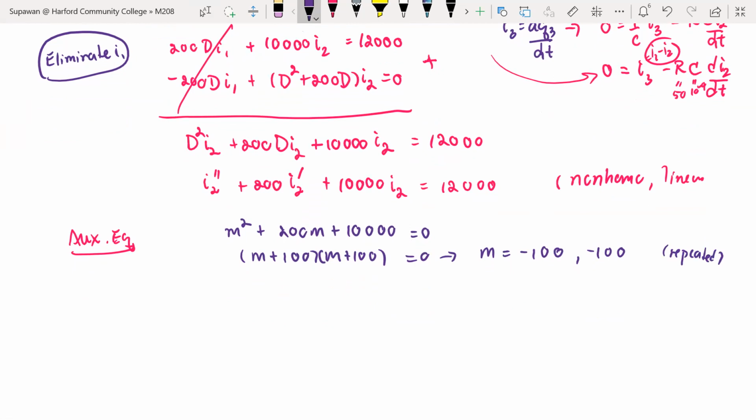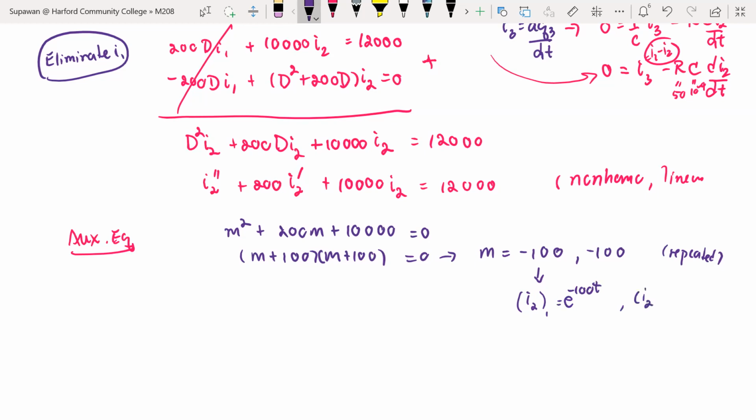So when we obtain this, we're going to have the first solution as y1 equals e to the, not y anymore, so this is the current I2. The first solution would be e to the negative 100t.